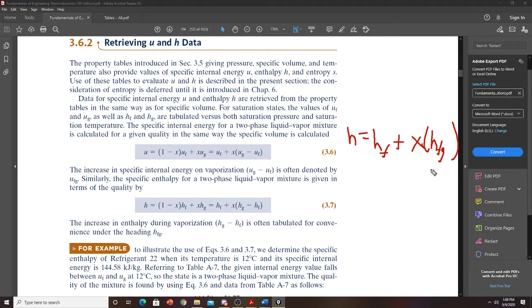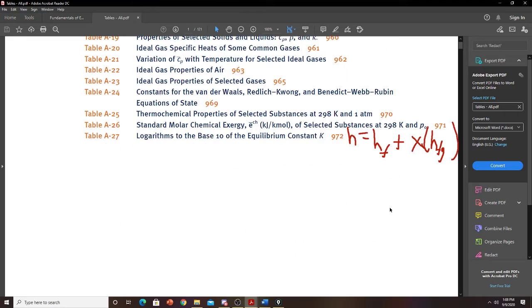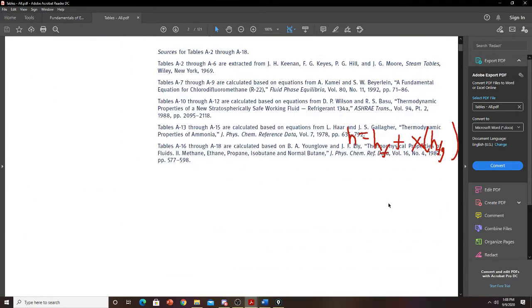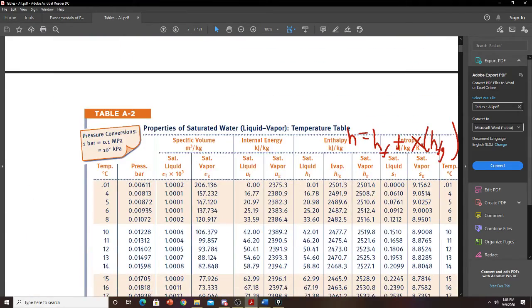Now you guys are probably wondering what HFG is. HFG is the subtraction of HG minus HF. And this is a really fun case: if you go to your tables, HFG is usually given to you. It is not given as internal energy, but it is given to you here.